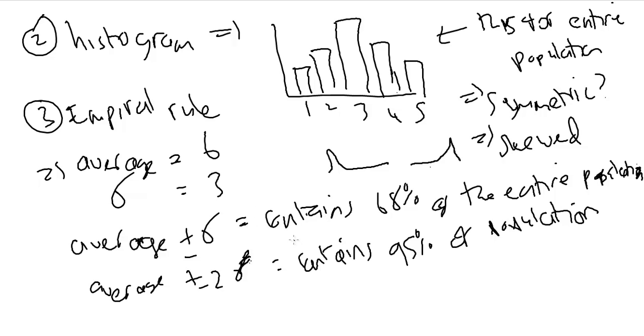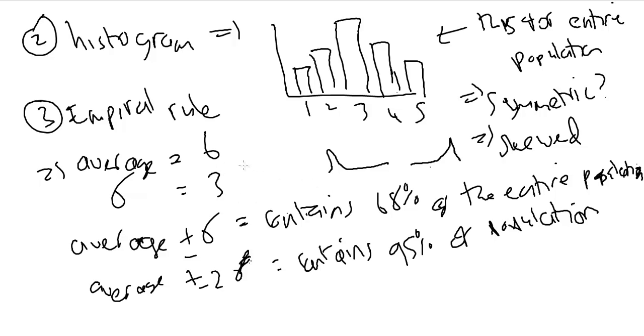So if this was the correct data for shoe sizes, it would be that if your shop stocked shoe sizes from 3 to 9, that's plus or minus one standard deviation.